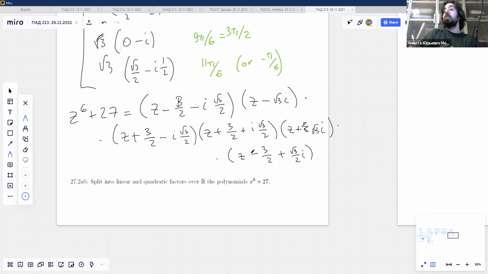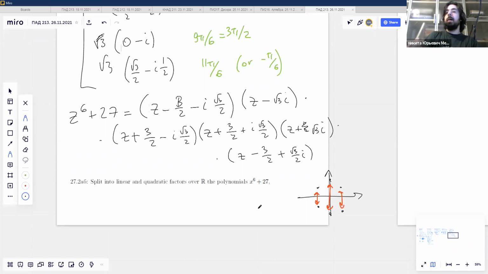Okay, so those roots look like this. They form a regular hexagon, but that's not very important right now. What is important is that they split into pairs of conjugate roots. There is a special theorem that says that if the original polynomial has real coefficients, then all the roots split into such pairs.